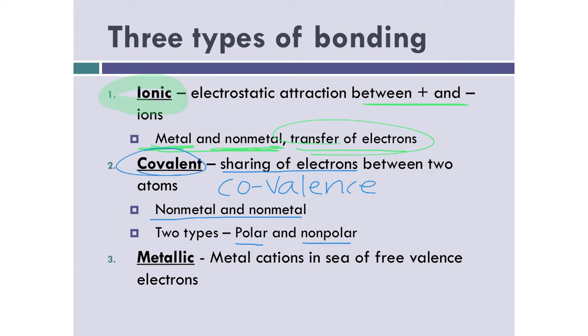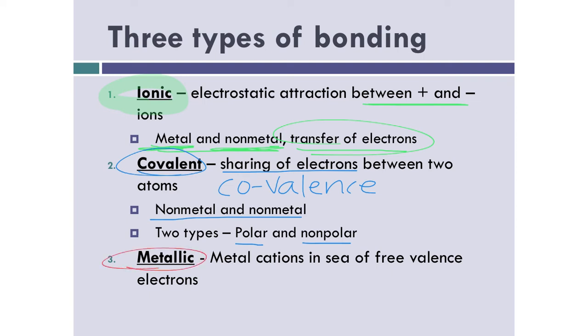Polar is when there is an unequal sharing of the electrons, and nonpolar is when we have an equal sharing of electrons. And that mainly occurs when we have diatomics or triatomics. So with like O2, you have two oxygen atoms, so therefore they would be sharing their electrons equally.